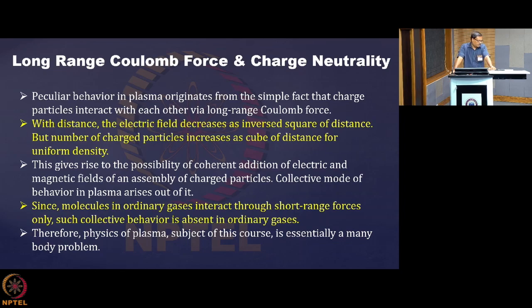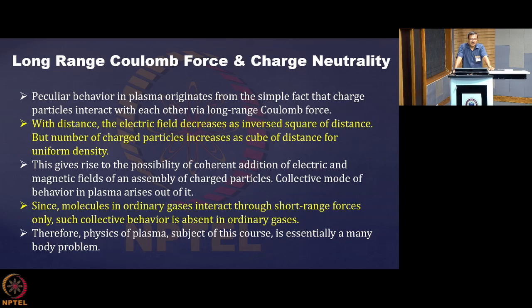Now, why does plasma behave in a different way? It is basically the long range Coulombic force which is responsible for the kind of behavior that we observe. With distance, electric field decreases. How does it decrease? It takes the 1 by r square formula.